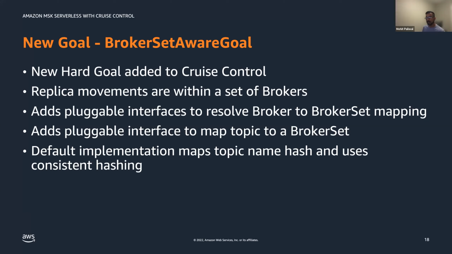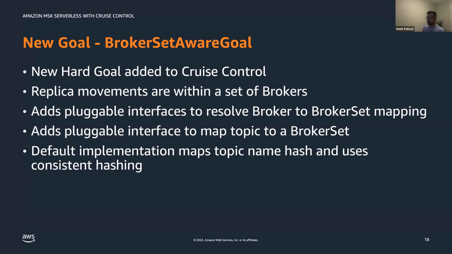It also adds pluggable interfaces to resolve broker to broker set mapping. You can define your own mapping, or there is a default mapper which is provided as a JSON file. That's a default implementation where you can define what your mappings are. We have also provided a pluggable interface to map topics to a broker set. You can write your own.